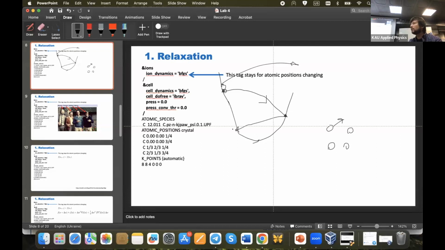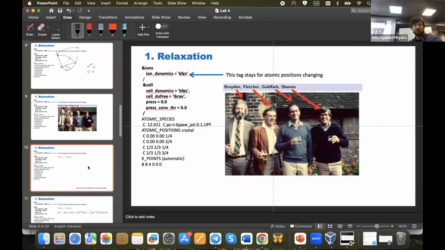So it achieves lower energy, and so on until we get the lowest energy according to some stopping criteria, some stopping conditions. That's the main idea of these quasi-Newton methods. I hope you got it.